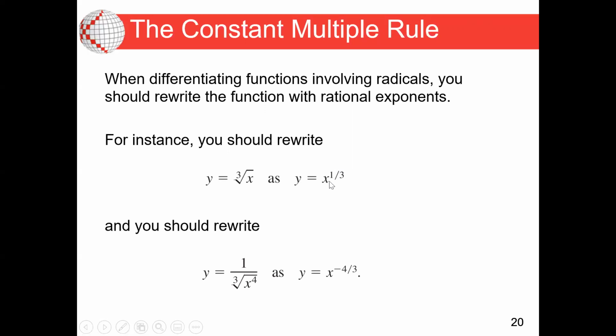So it's good to write it as 1/3, then we do our equation. The same example here, 1 over cube root of x raised to the power 4 is the same as writing y equal to, since the x is in the denominator, we bring it up, we change the exponent to negative, raised to the power 4, so the 4 is here. Cube root will be 1/3, so 3 will be down.